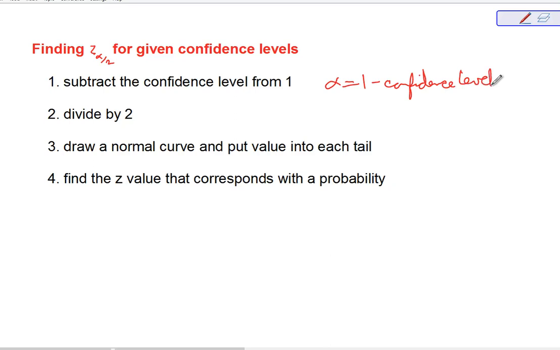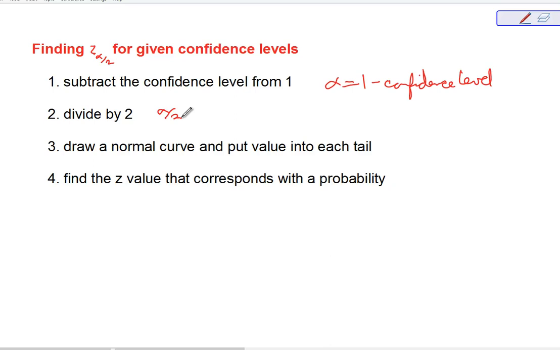Just like I did earlier with 1 minus the 95% and gave me 0.05, that gives me my alpha. Then I'll divide it by 2, because remember, confidence levels have both tails in them.